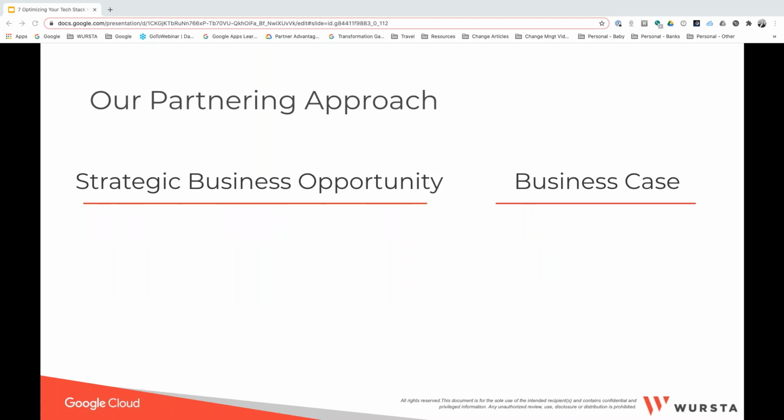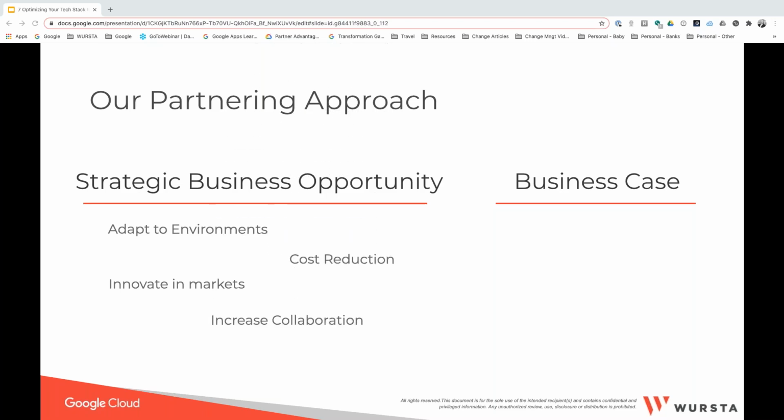So to talk about this a little bit more specifically, we have to start where we start the process, right? And the way that we think about this is first working with our clients to understand the value prop, right? Typically, this will align with a strategic business opportunity, like adapting to environments, right?